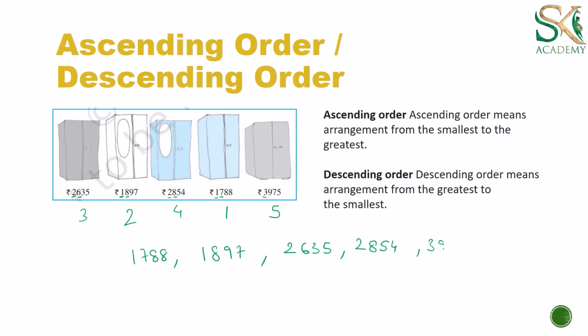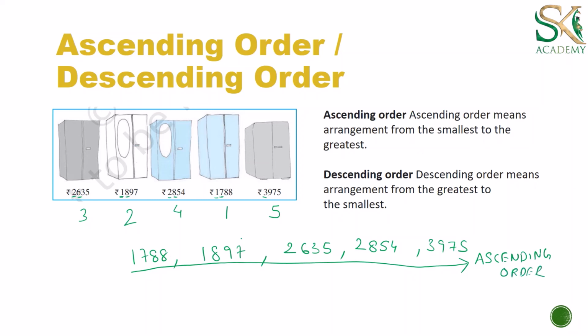Next is 3975. Now what we did, we are increasing this. We are writing this in the form of an arrangement of smallest to greatest. Now this is called ascending order.